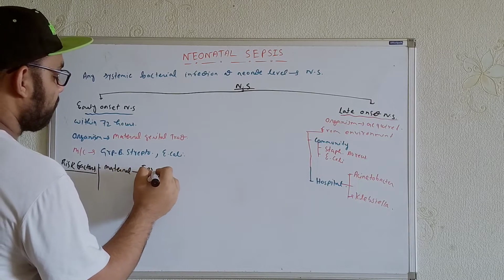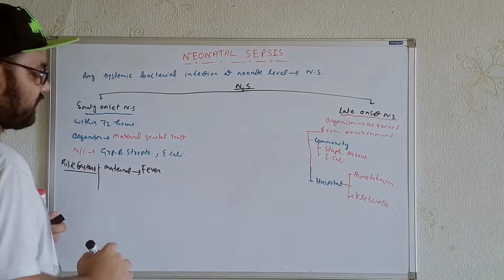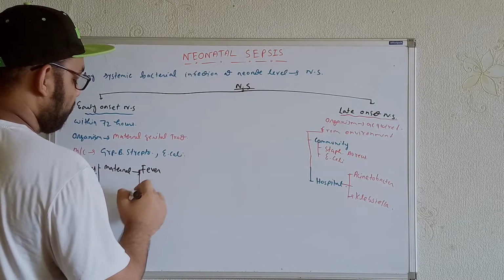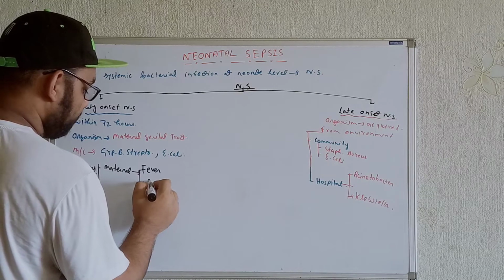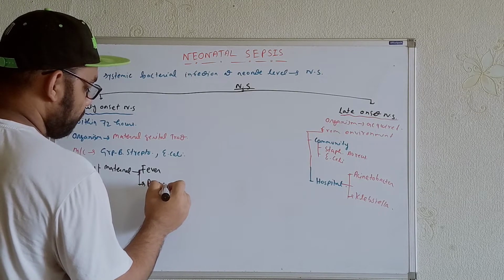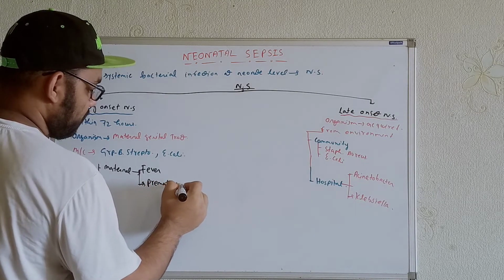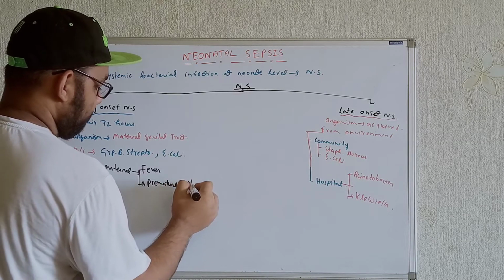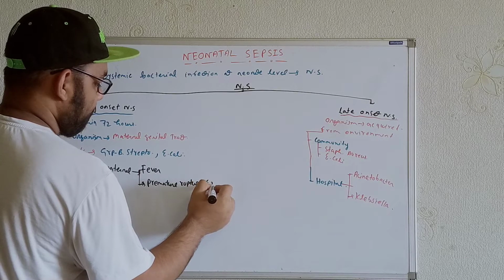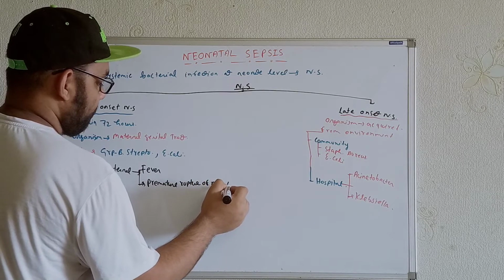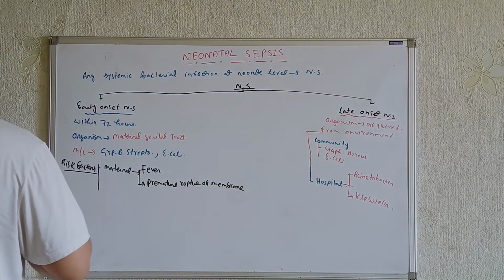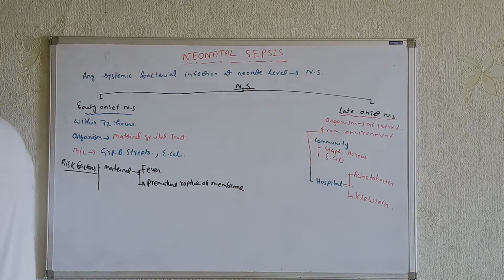Within the maternal risk factors, we get fever in these cases. The next one we can get is premature rupture of membrane. That will lead to bleeding in this case, so there will be many more complications.